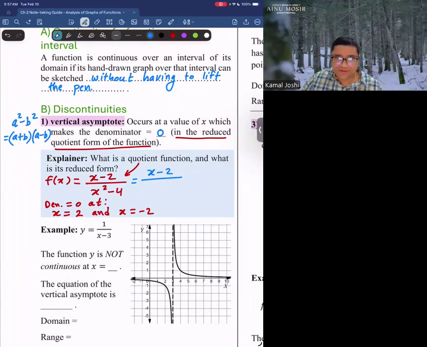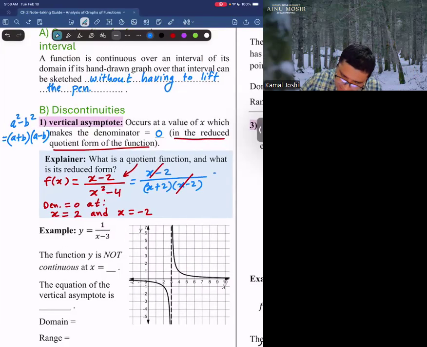So the x square minus 2 square here can be factored as x plus 2, x minus 2. And once you factor like that, you can cancel the common factors, x minus 2, x minus 2. And what you are left with is 1 over x plus 2. That is the reduced form.